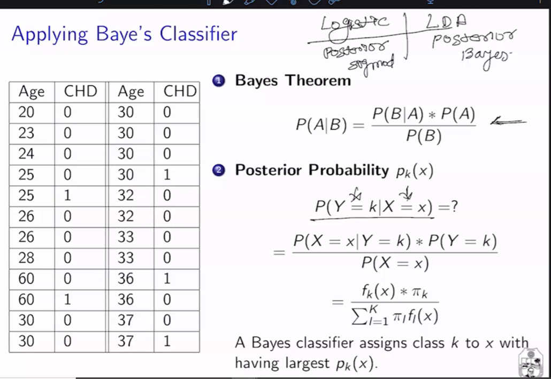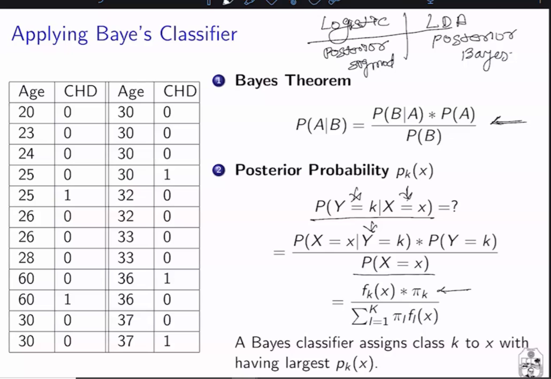So it is calculated as the probability of X having a particular age and belonging to its class, times the probability of a person belonging to class K, divided by the probability that the observation has the value X. This can be calculated in this way.